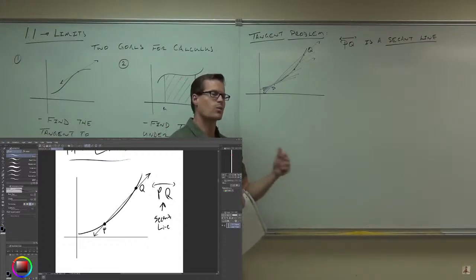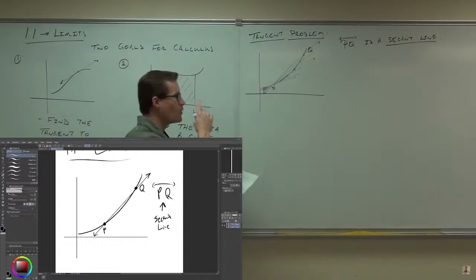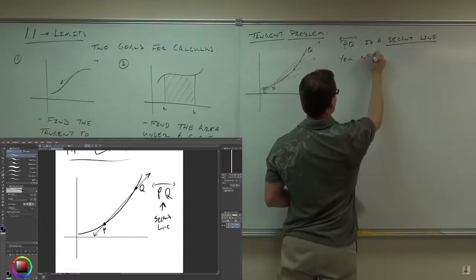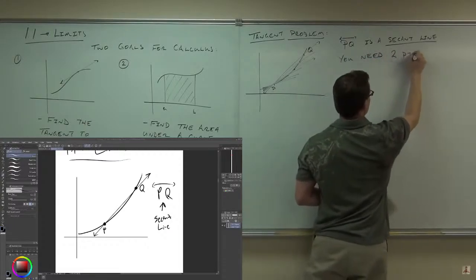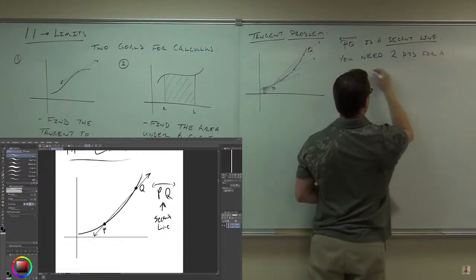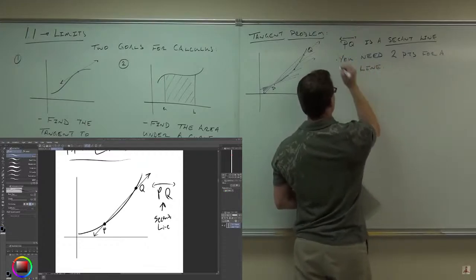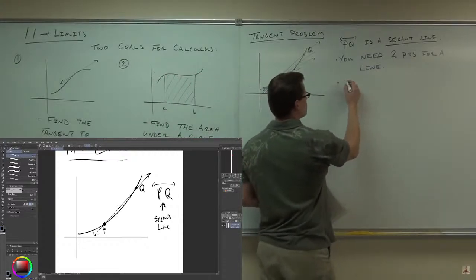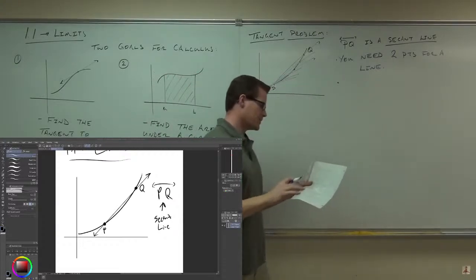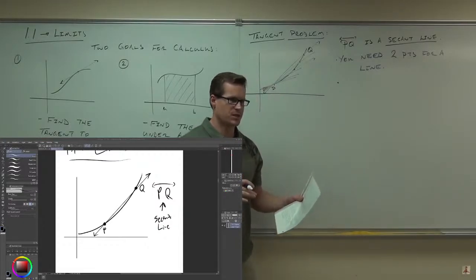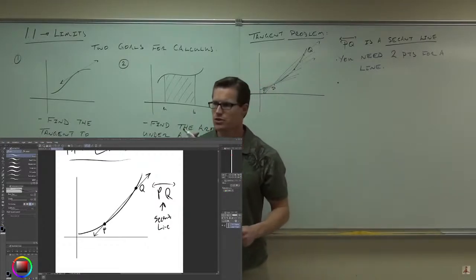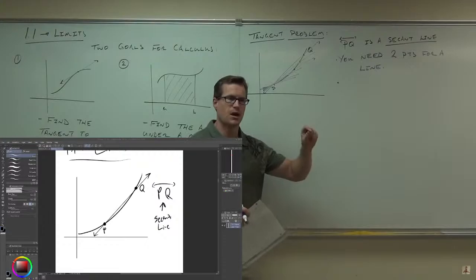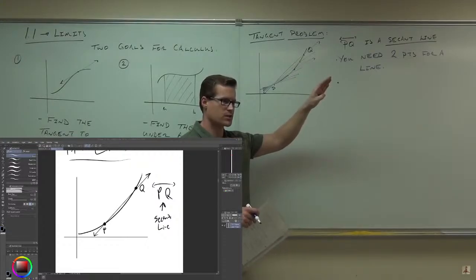That's the idea. So let me write some of this out for you. We need 2 points for a line, sure. We understand that. So we have the points P and Q. The question we're asking is, what happens as Q gets closer to P? And the answer is, as Q gets closer to P, the secant line more closely approximates the tangent line.